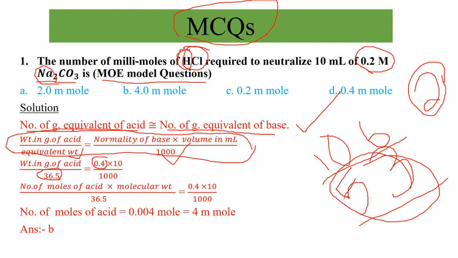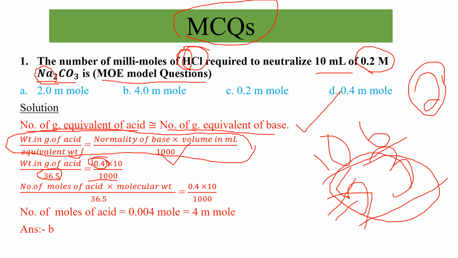So molecular weight divided by 2, total charge either positive or negative will be 2. Then 106 divided by 2 is 53. So 53 is the equivalent weight of sodium carbonate. If we divide the molecular weight by 53, then 2 is obtained, so the normality is 2 times greater than the molarity in case of sodium carbonate. That's why 0.4 is obtained here. Into 10, and divided by 1000 is according to the formula.